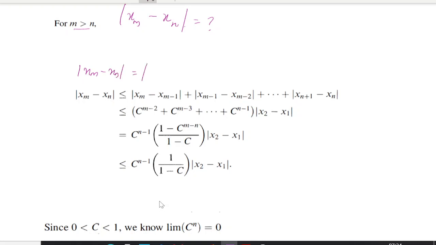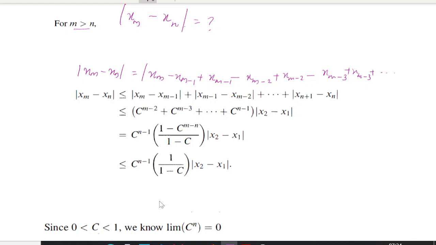That is equal to modulus of, I can have xm minus xm minus 1 plus xm minus 1 minus xm minus 2 plus xm minus 2 minus xm minus 3 plus xm minus 3, right?